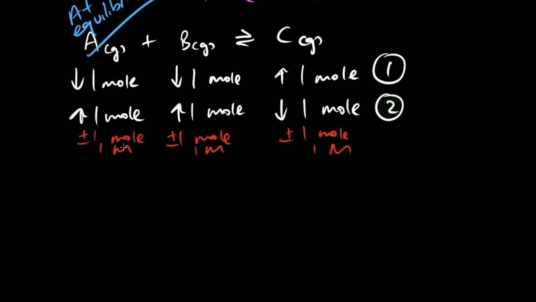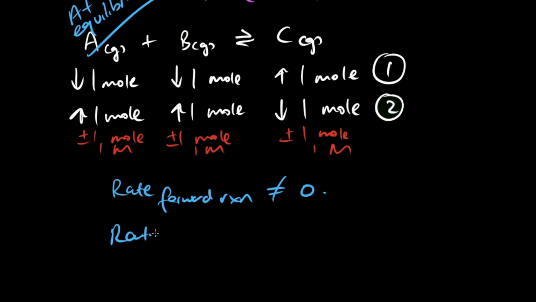So the rate of reaction is not 0. That's the point. 1 mole of A is reacting with 1 mole of B to produce 1 mole of C, and therefore the rate of the forward reaction is not 0. Is the rate of the reverse reaction 0? No, because 1 mole of C is being consumed to form 1 mole of A and 1 mole of B at equilibrium.